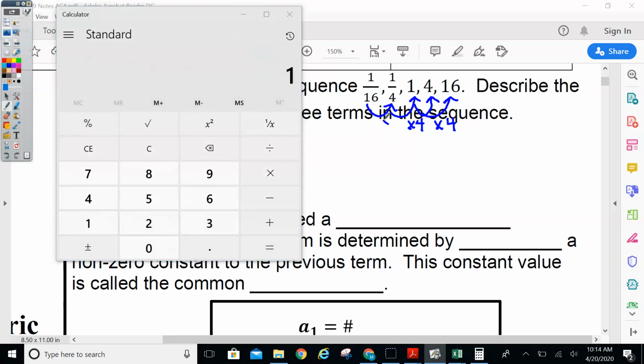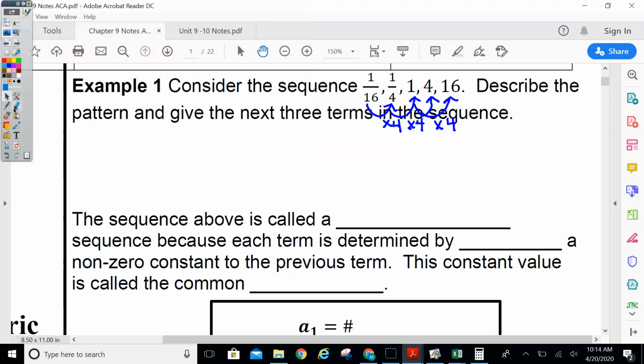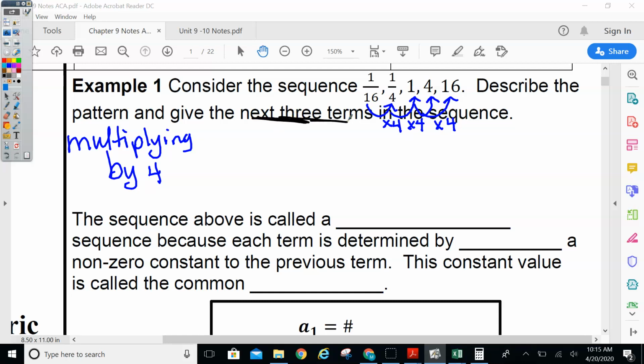So here we can say this one's times 4 as well. And then 16 would be the same thing. It's going to say 1/16, and then we do times 4, and we get 0.25, which is the same thing as 1/4. So here, describe the pattern. Here we just say it's multiplying by 4. And then it wants the next three terms in the sequence.